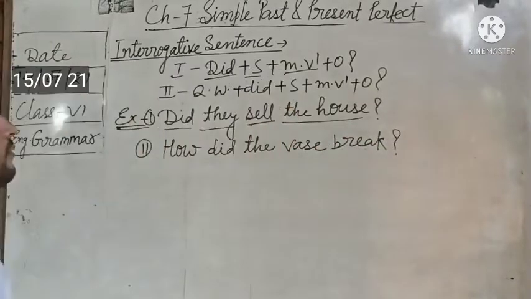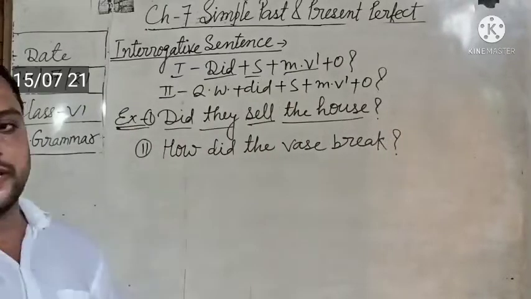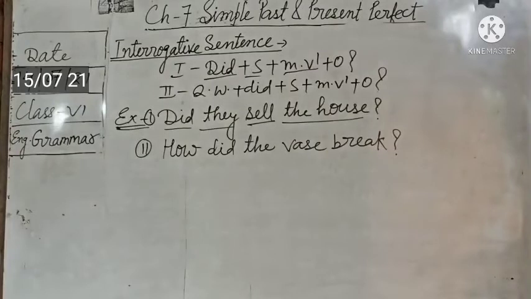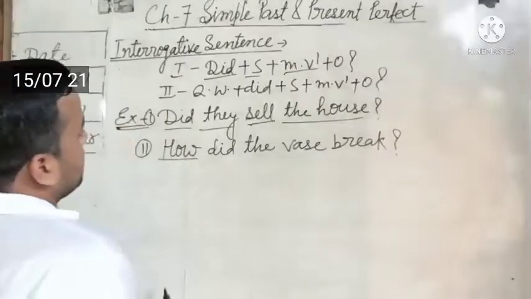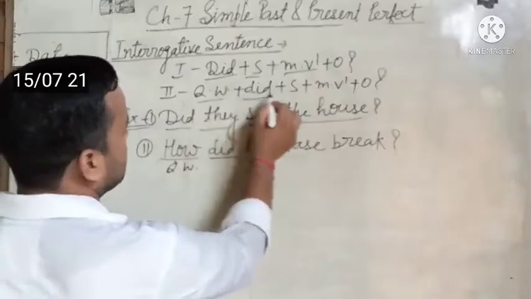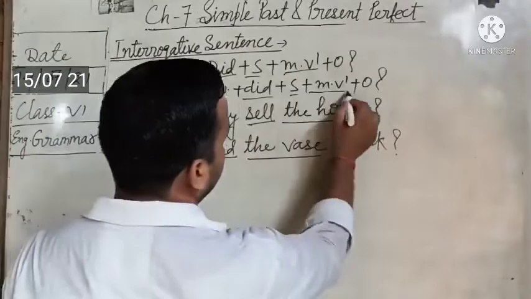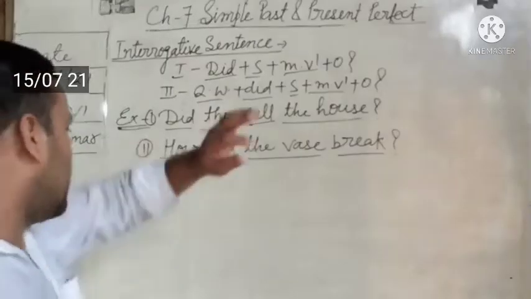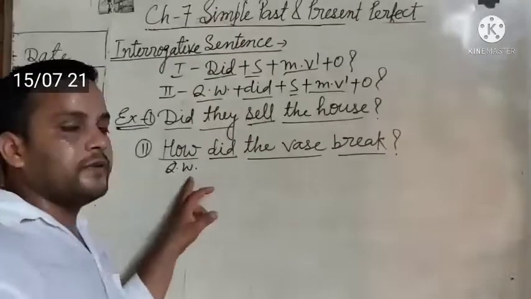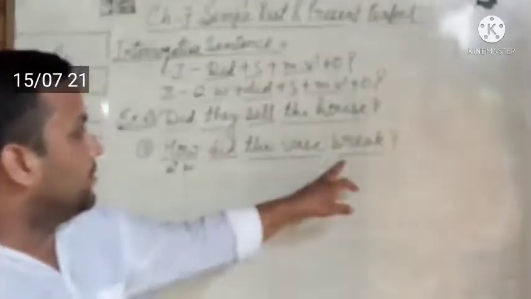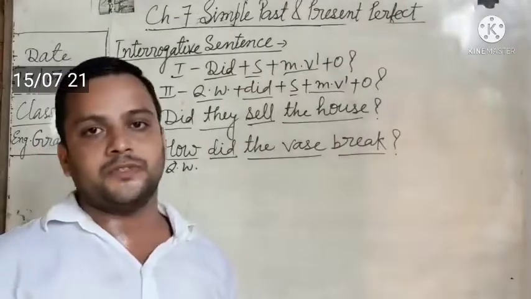Here, student, how is the question word. How, did helping verb, the vase subject, and break main verb first form. So when there will be any question word, you will write that question word first, then did, then subject, and then main verb first form, and then object.